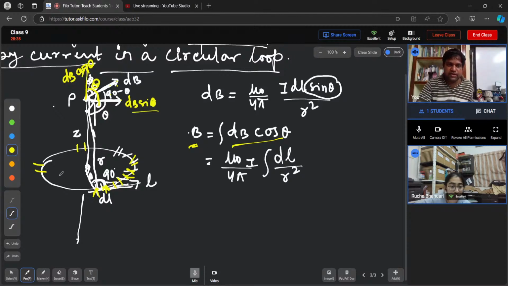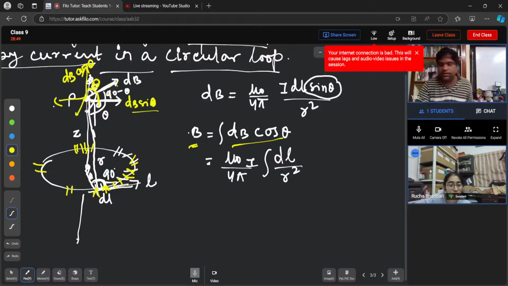If this is dB sin theta for this length, for the diametrically opposite length the dB sin theta will be in the opposite direction, which will cancel it.